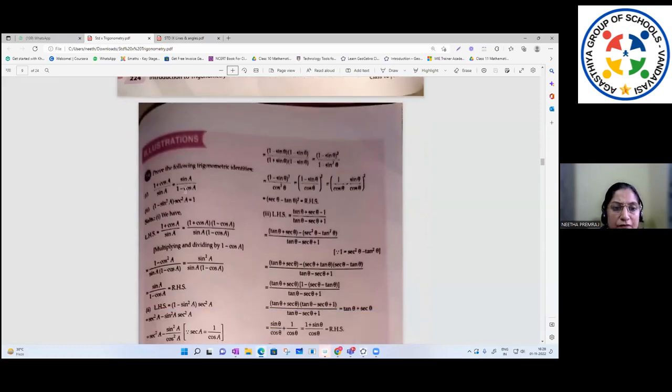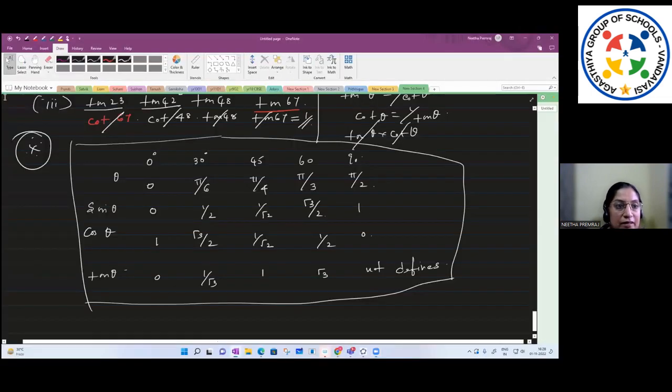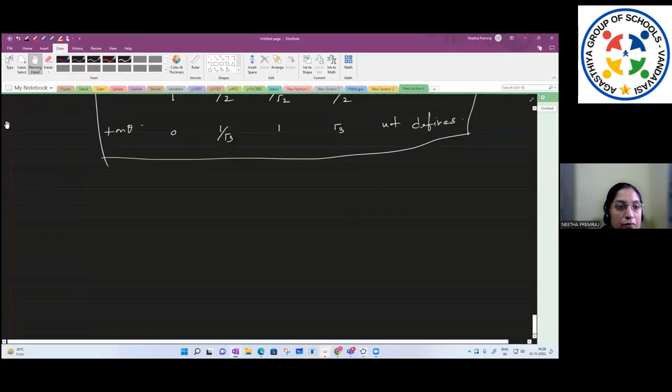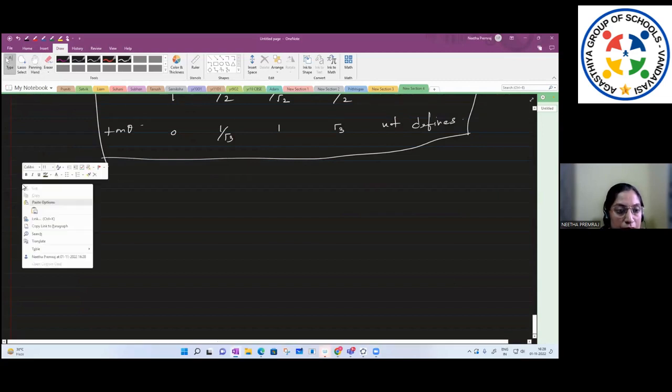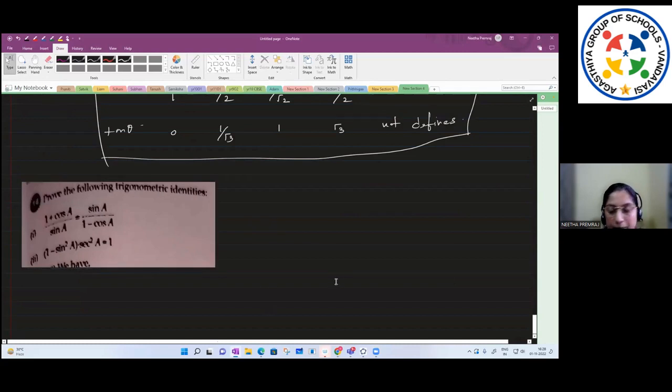Proving sums, you need more practice. There is no specific method. Only by practice you will get ideas. So first sum we do.